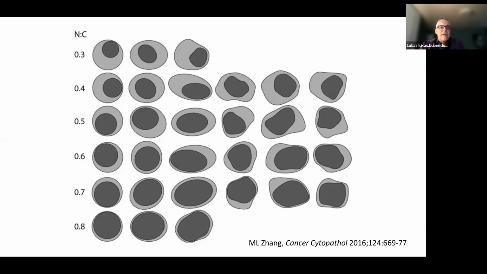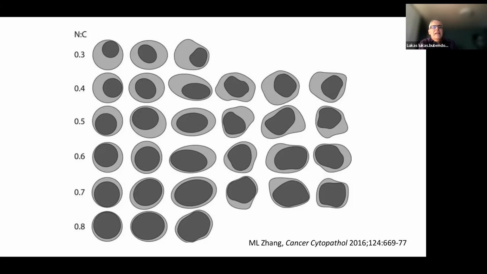If you look at that, 0.7, if you take the real measured NC ratio, is really high. You hardly see any cytoplasm. And honestly, when we eyeball cases, many of us in the past have used 0.5 or 0.6 as 0.7. So actually, we tend to overestimate the NC ratio by looking at it.